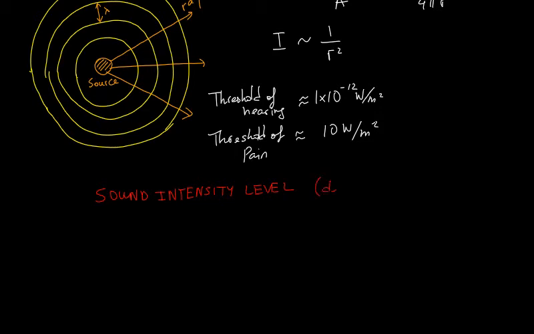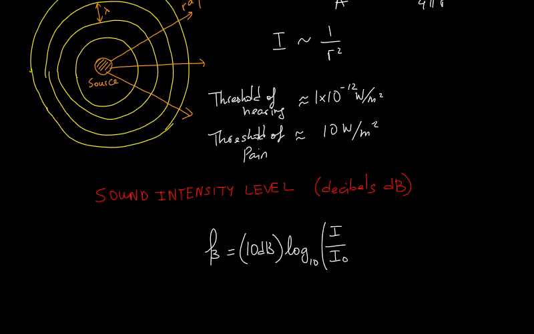Let me write the word decibels, and it is denoted as a lowercase d and capital B. We use the Greek letter beta for the sound intensity level, which is a fancy word for the loudness, and we define it as 10 decibels times log base 10 of the intensity over the threshold intensity, where I naught, the threshold of hearing, equals 1.0 times 10 to the negative 12 watts per meter squared.